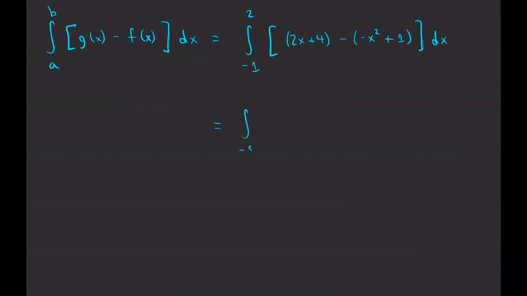So at this point here, we can just continue on. We'll do some simplification. And here we've got 2x plus 4 plus x squared minus 1. So just rewriting this and making it look a little bit nicer.